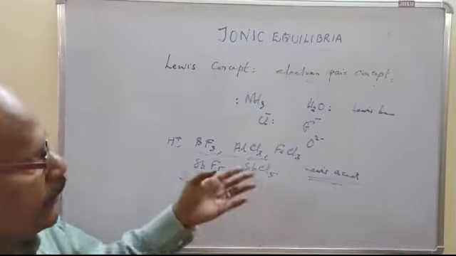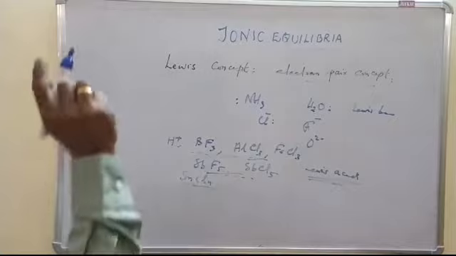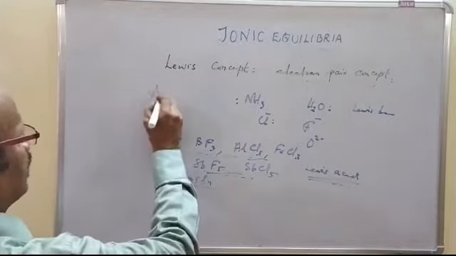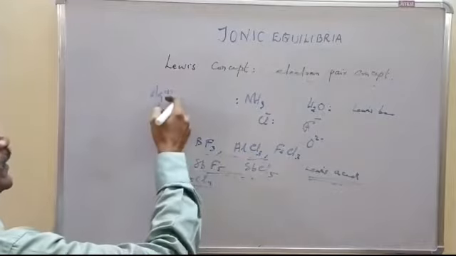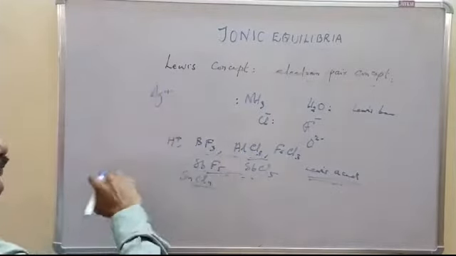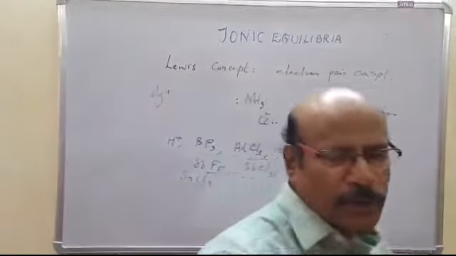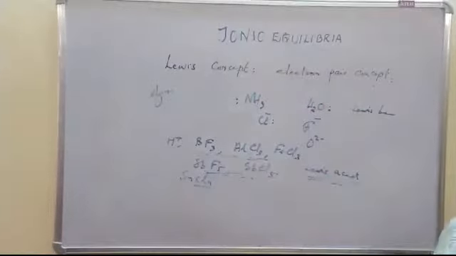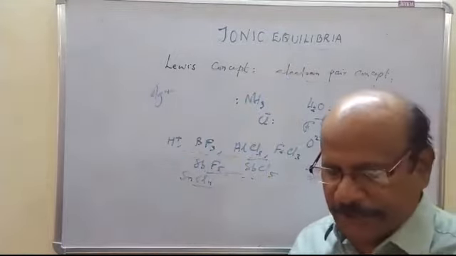So generally, in complex formation, any cation can be considered a Lewis acid, for example Ag plus, because it can accept an electron pair from a Lewis base. So we can account for the formation of a complex between a ligand and a heavy metal as an acid-base reaction.